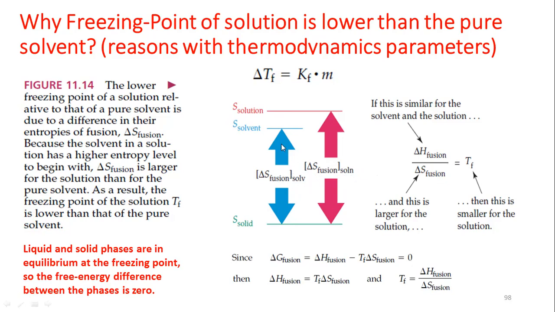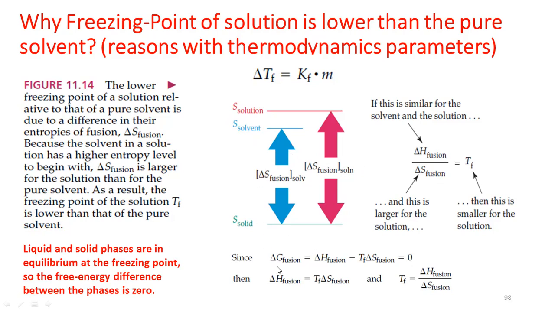And now what is the conclusion? The change in entropy for the solvent is less as compared to the change in entropy of the solution. This is clearly visible, because the solvent has less entropy, so the difference is less. The solution has more entropy, so the difference as compared to the pure solid is more. This is the effect of the change in entropy. I will use this to further explain the freezing point depression.